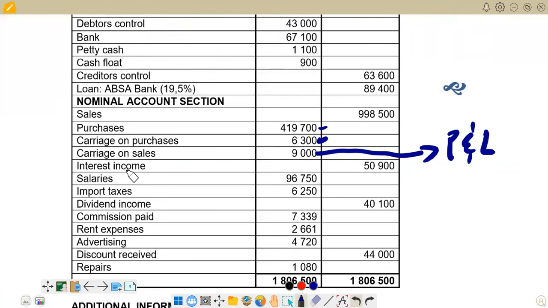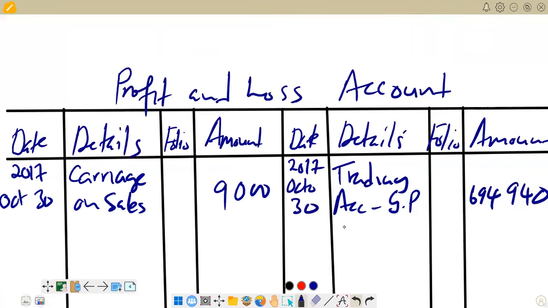Then we go back to check other items. After carriage on sales, we have got interest income. Remember, it's income. So you see that in this trial balance, all incomes come to the credit, expenses on the debit. So interest income, 50,900 should come on the credit side of the profit and loss. The figure for interest income that we have is 50,900.